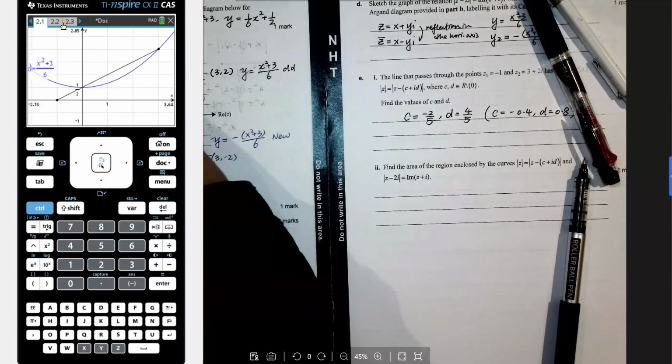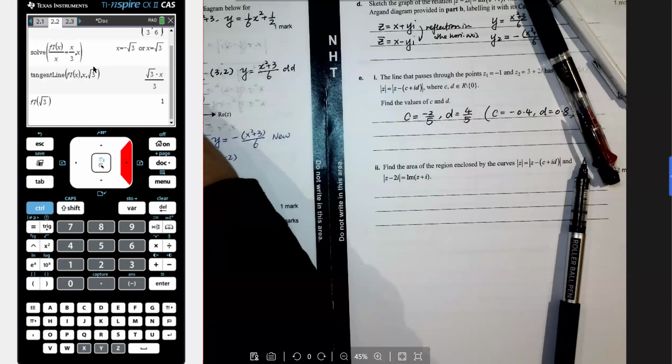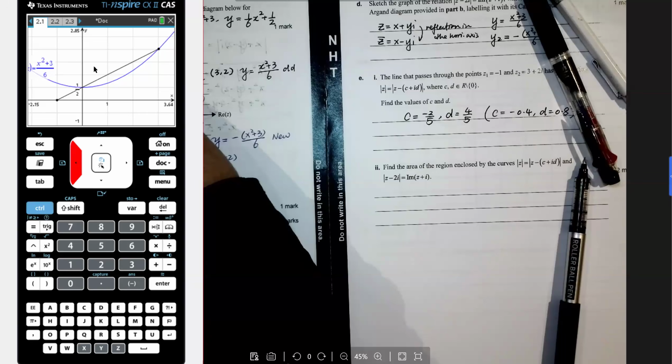Actually, let me think about this one. I can get an equation, and the equation is, okay, here is the way I will interpret this one. Gradient is like 1 over 2 over 4.